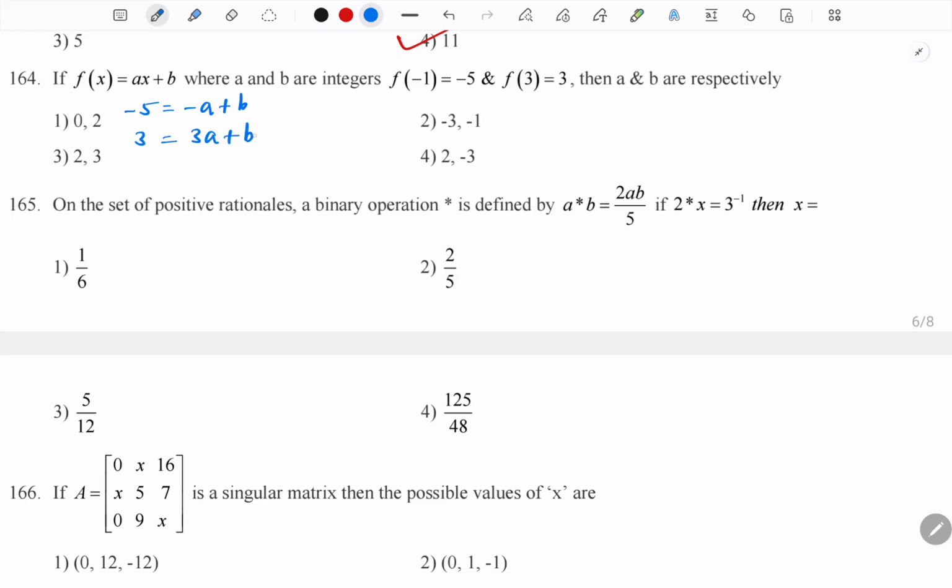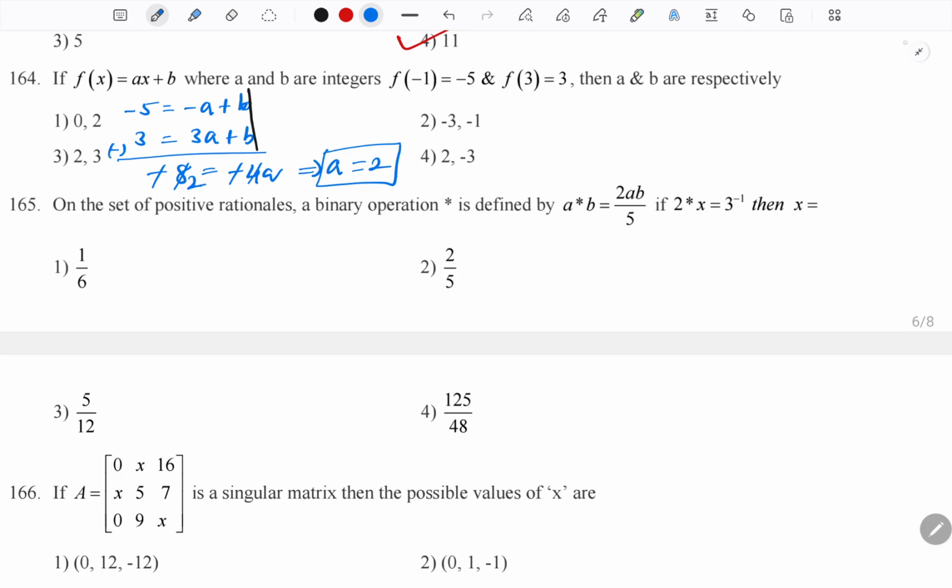If I subtract these two, b will cancel. Then minus 8 equals minus 4a, minus cancels, 4 ones are 4, 4 twos are 8, then a will become 2, right?